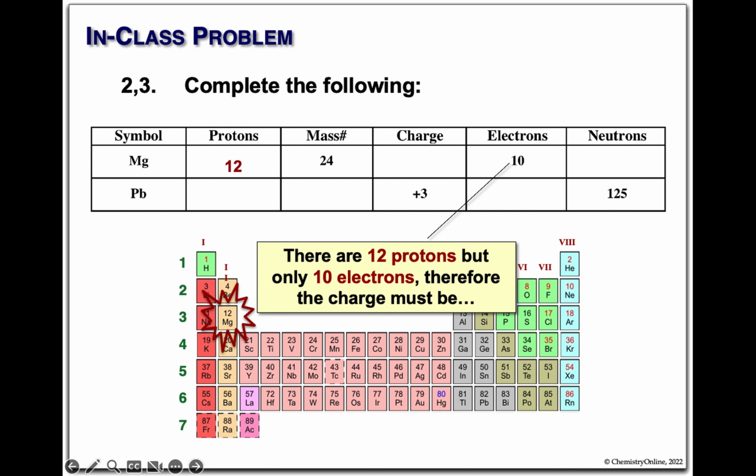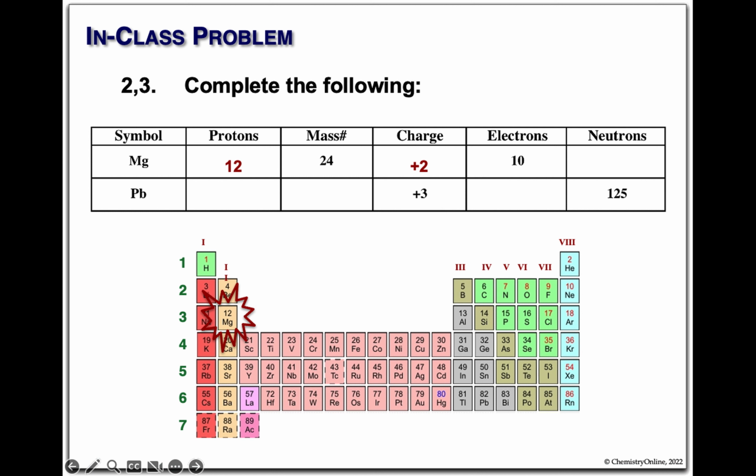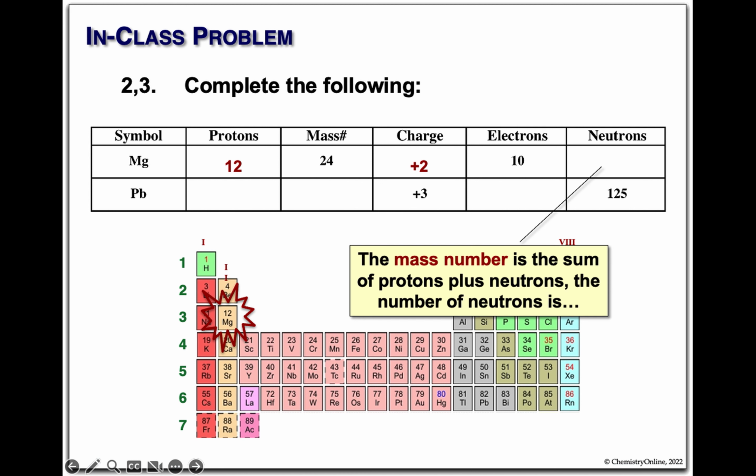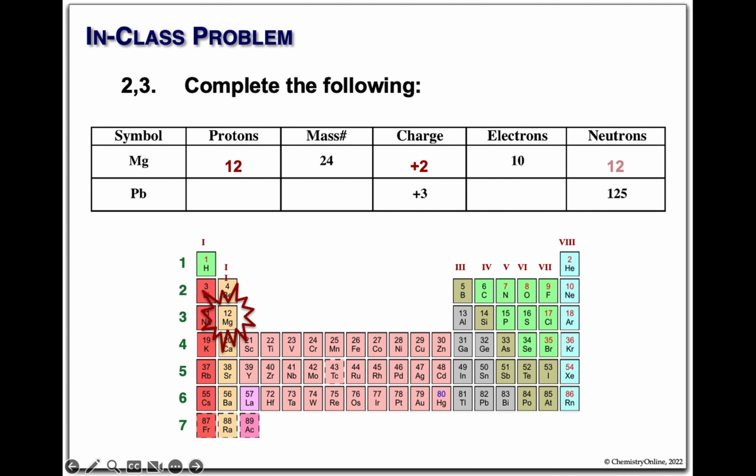We just said we have 12 protons. So that's 10 negatives, 12 positives. You have 2 extra positives. The charge is +2. And finally, we want the number of neutrons. Our mass number is the sum of protons and neutrons. We have 12, this is 24, this is 12. Any problems with this?